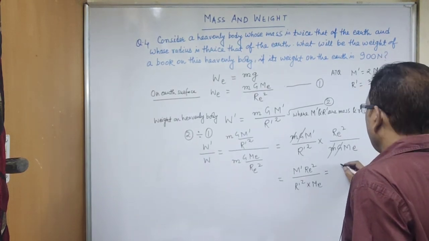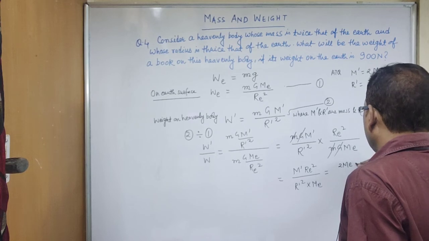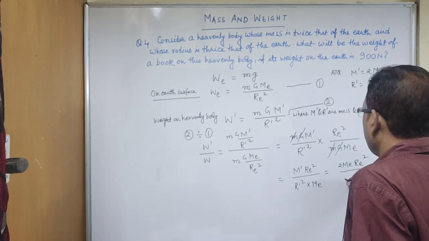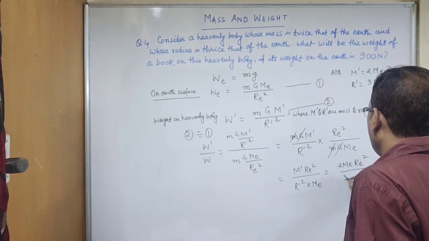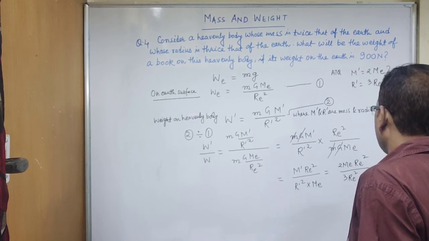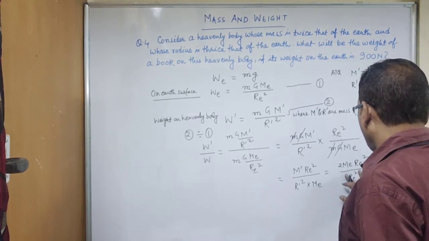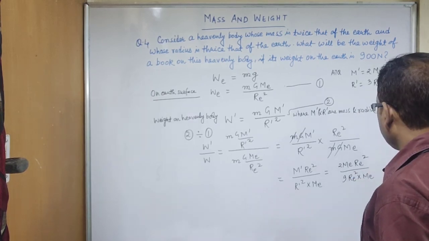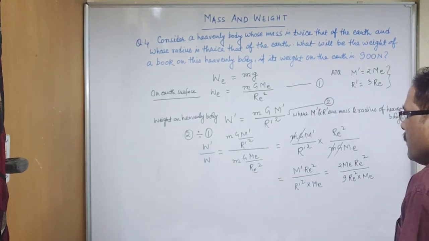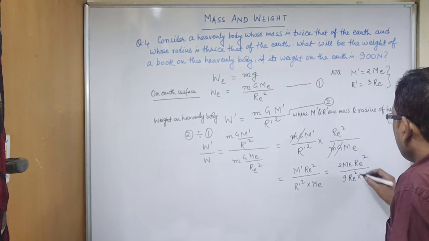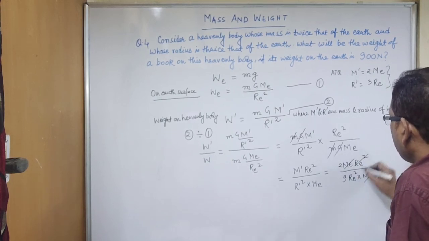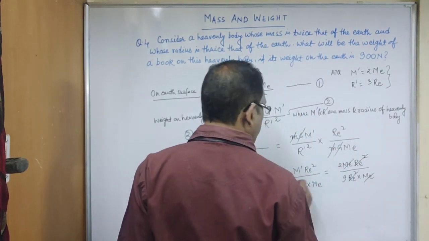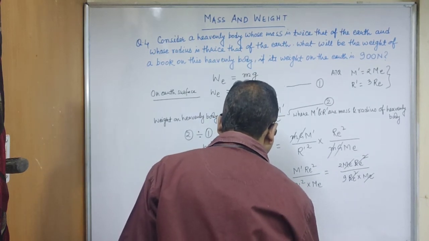W dash by W is 2Me by Re square, and here for R dash we write 3Re whole square, so 3Re square will be 9Re square, into Me. If you simplify, Me cancels, Re square cancels. So W dash by W is equal to 2 by 9.